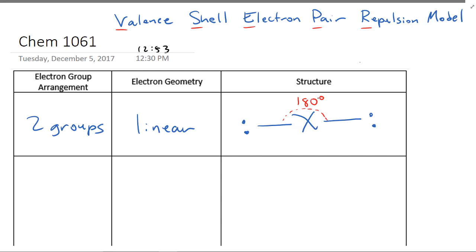If I introduce a third pair, again these balloons represent pairs of electrons. We use balloons because the idea in the VSEPR model is that we want to minimize repulsions. That means those electron pairs, because they repel each other, are going to take up as much space as possible, pushing themselves apart from each other.